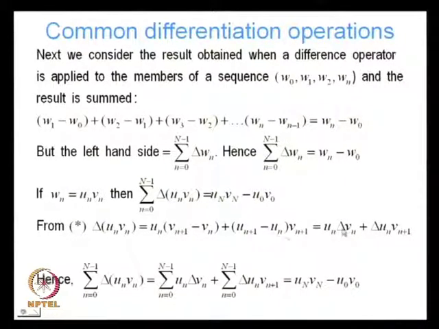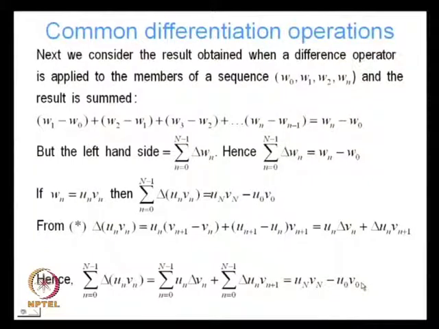So, I am just taking the summation and replacing this by that. So, sigma of un delta vn plus sigma n equal to 0 to n minus 1 of delta un v(n plus 1), and I know that this must be equal to un vn minus u0 v0.